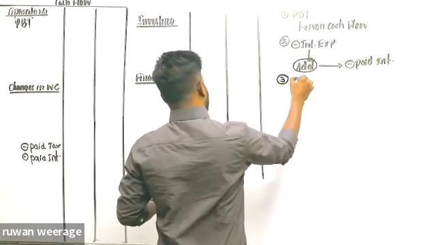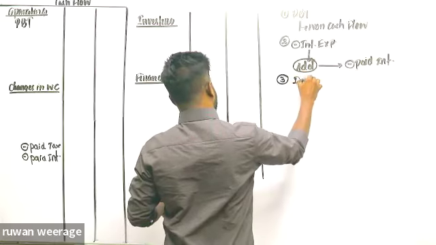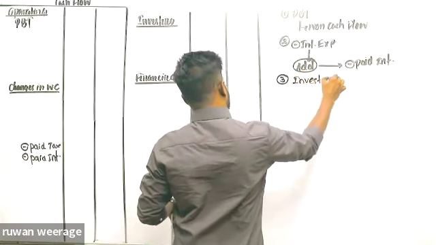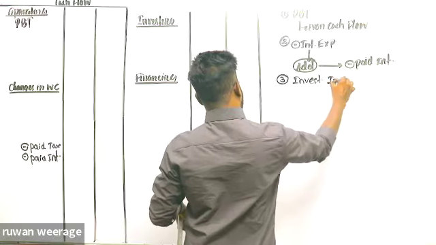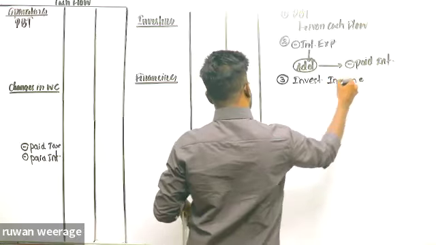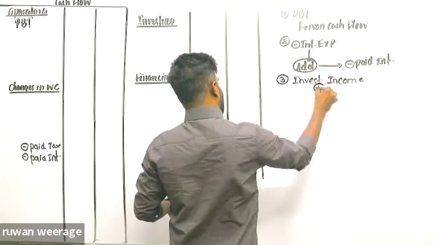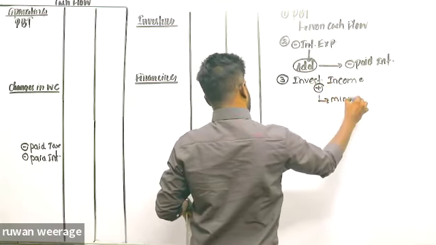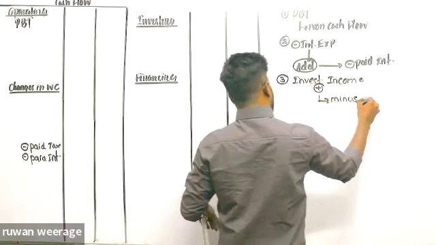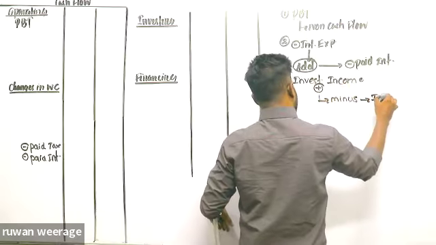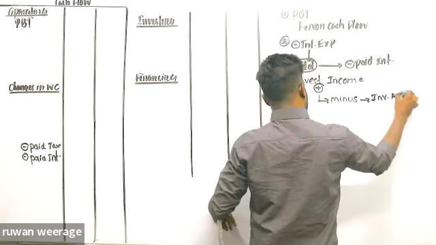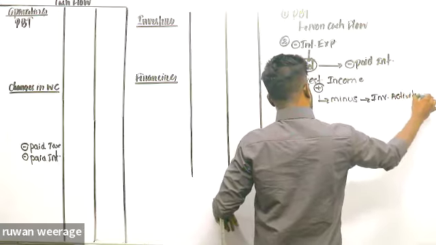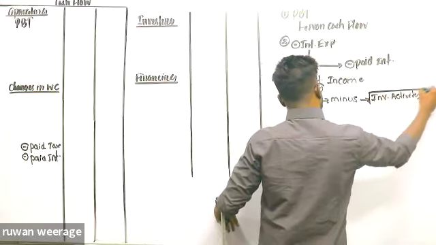Next step, if there are investment activity related incomes that were added, to reverse it again minus it and record under investment activities. Clear? If there are added things inside profit before tax, remove them and put them under investment activities.